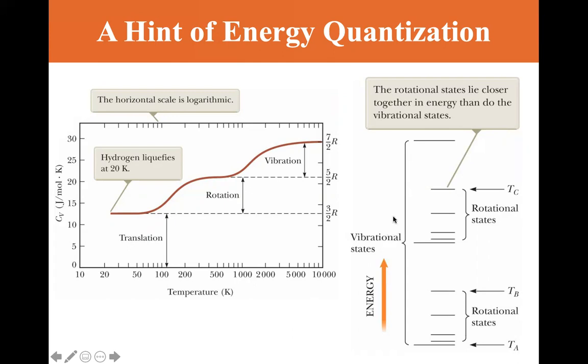As the energy goes up, you get vibrational states, and the rotational states lie closer together in energy than the vibrational states. So with increased energy, you get higher and higher energy states. In this portion, CV is equal to 3/2 R. In this portion, CV is equal to 5/2 R. And then in this portion with the vibration, CV is equal to 7/2 R.